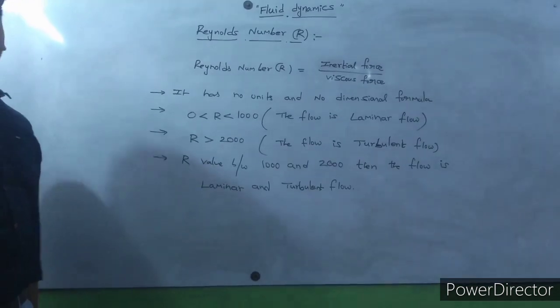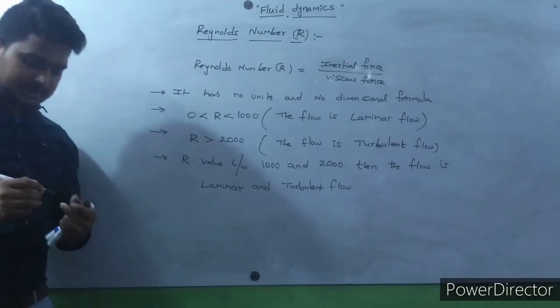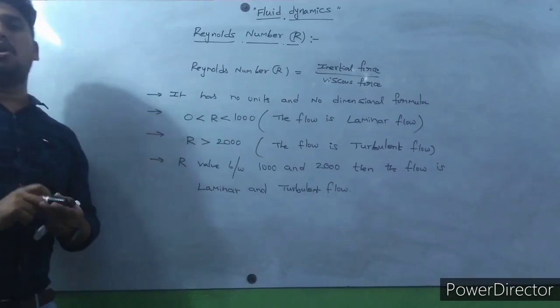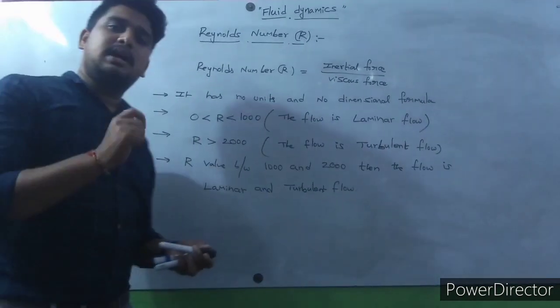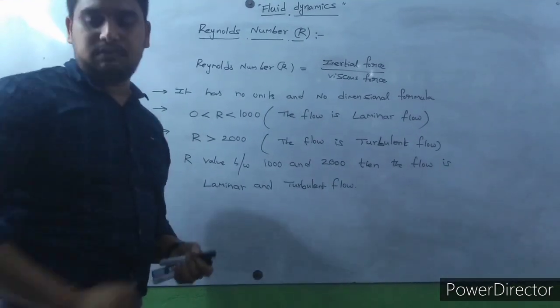So this is about the Reynolds number concept. Based upon the Reynolds number value, we can decide whether the flow is laminar flow or turbulent flow.